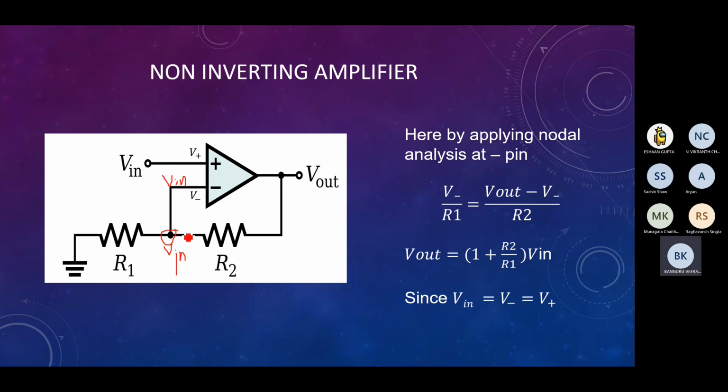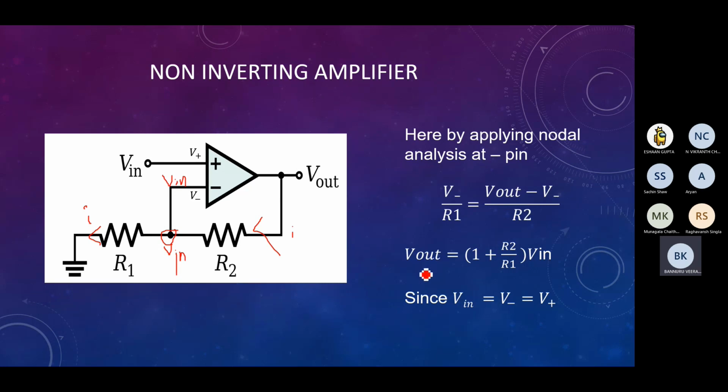By again applying nodal analysis at this point, since there will be no current flowing inside the op amp, the current in this direction will be equal to the current in this wire. So V minus upon R1, that is the current in this resistor, is equal to the current across this resistor, that is V out minus V minus by R2.